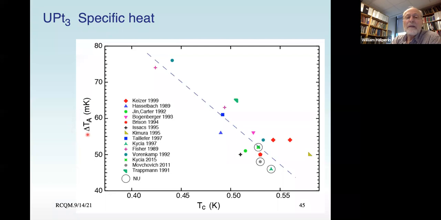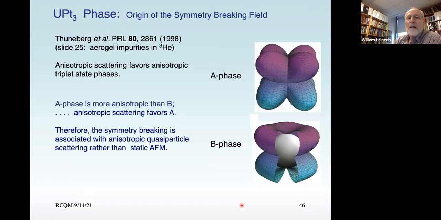So the symmetry breaking field, we argue, could have a strong component from whatever it is that produces this reduction in TC that we associate with prism plane stacking faults. So perhaps the prism plane stacking faults, in summary, are responsible for the symmetry breaking field, which may not be static antiferromagnetism.